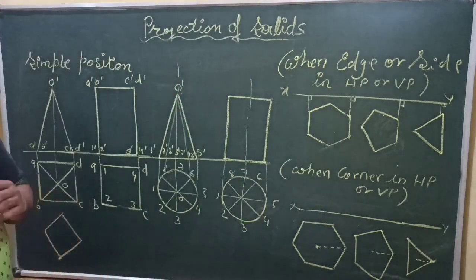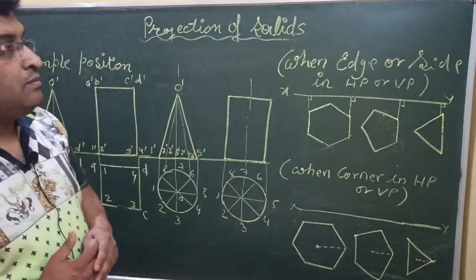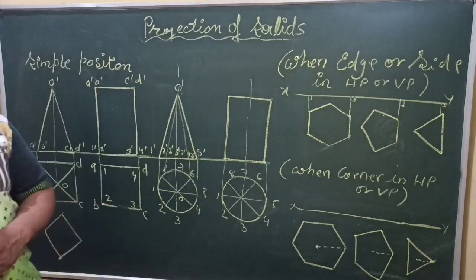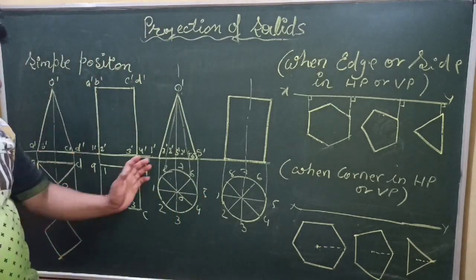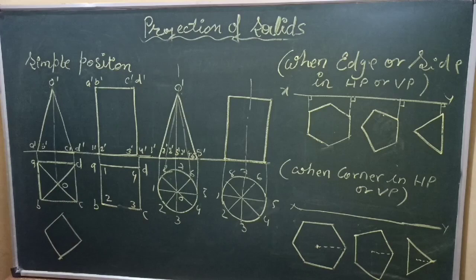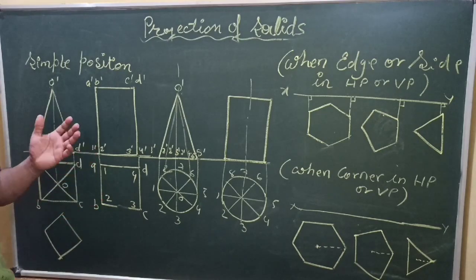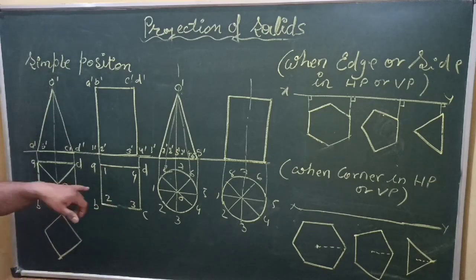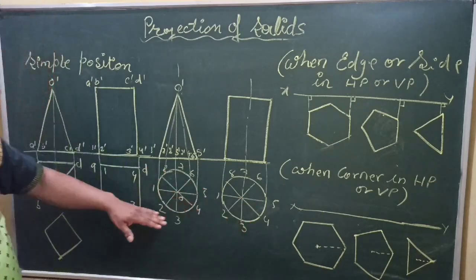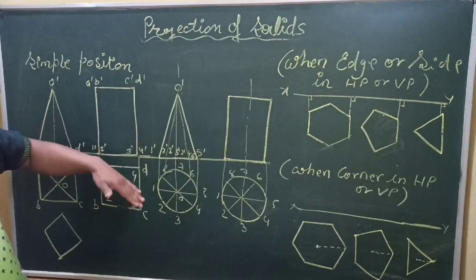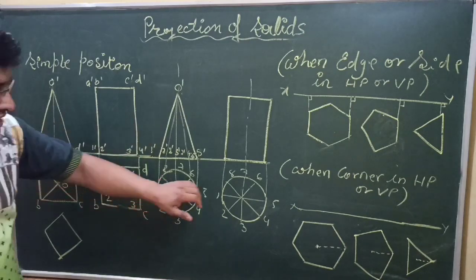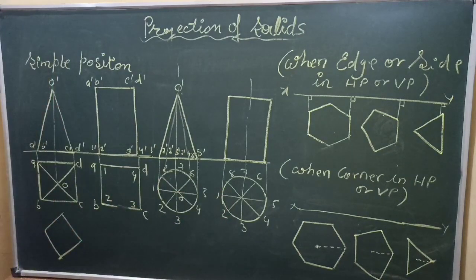In most of the cases, the base is lying in one of the reference planes, such as here the base is lying on HP. It may be given in VP also. Whatever the case may be, this top view becomes the front view in case the base is in the VP. So these we have to draw carefully initially.